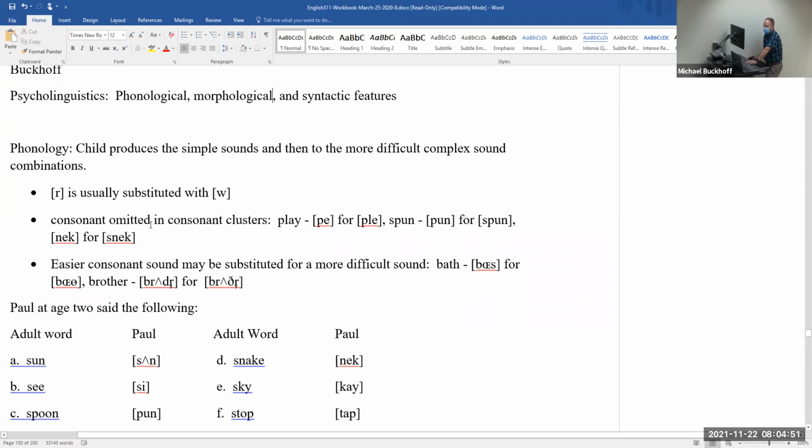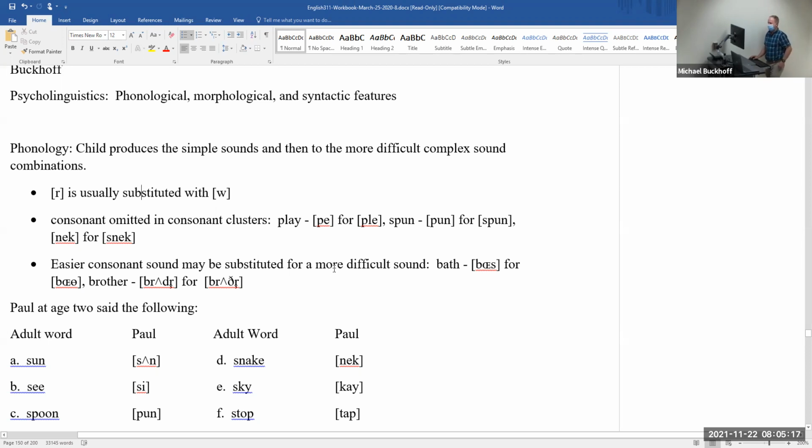Consonants are omitted in consonant clusters. So for example, instead of saying play, the child may say pay. Or instead of spun, the child may say pun. An easier sound may be substituted for a more difficult sound. So instead of saying the word bath, the child may say bass.